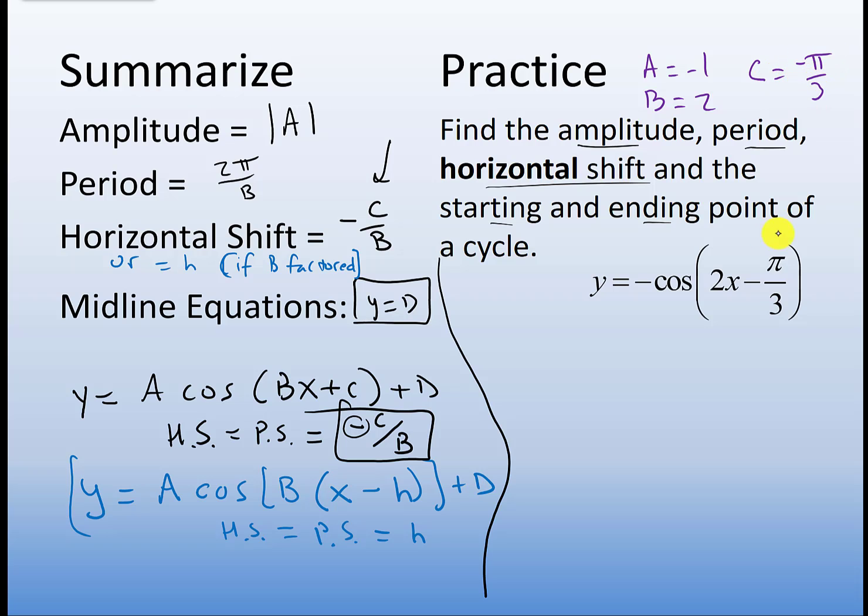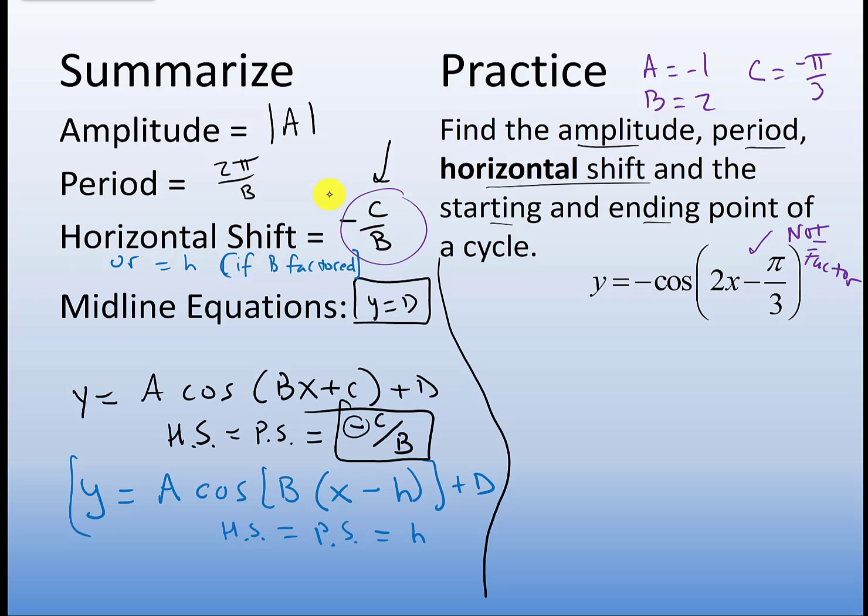Now this is not factored. So I can't really use the blue approach unless I want to factor the 2 out. But I think it's going to be a lot faster for us just to use this formula here.